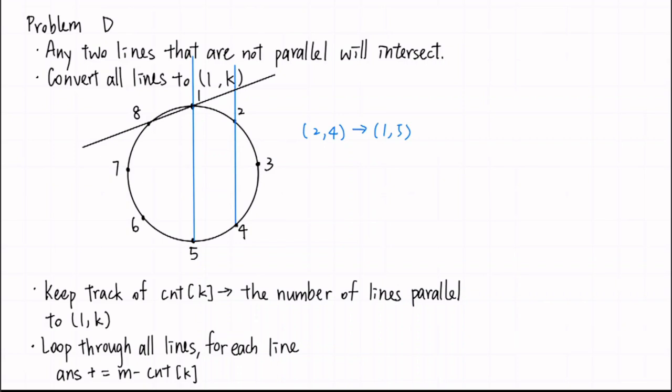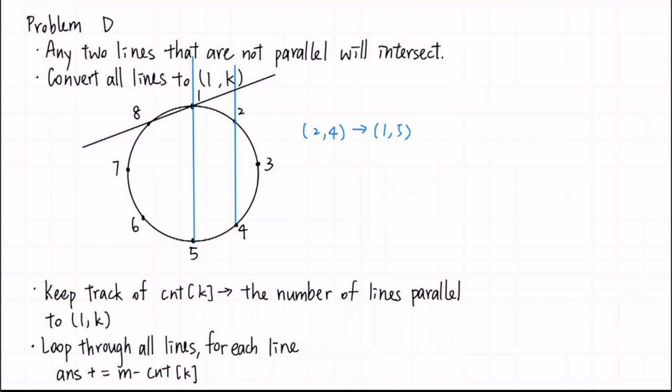If we look at an example for this, what I mean is that if we're looking at line 1-8 according to sample input 1, then m will be equal to 3, whereas count k will be equal to 1, and the 1 just represents line 1-8 itself, since there are no other lines that are parallel to line 1-8.